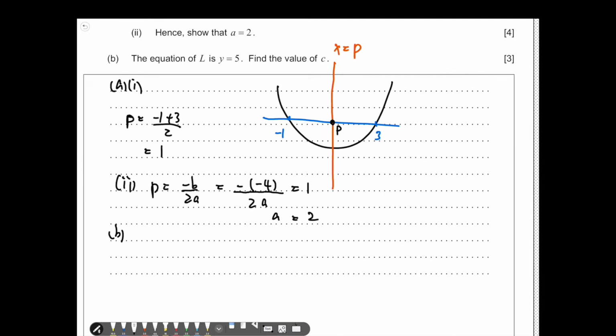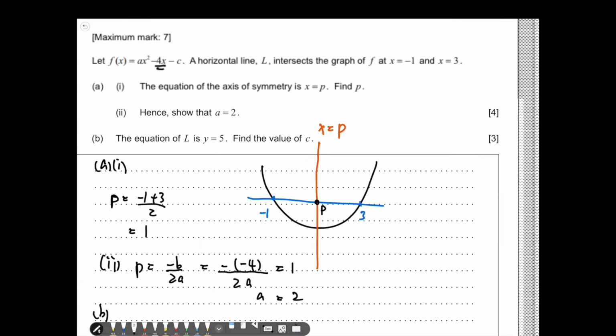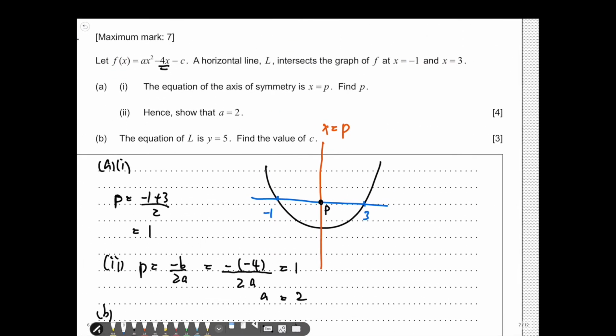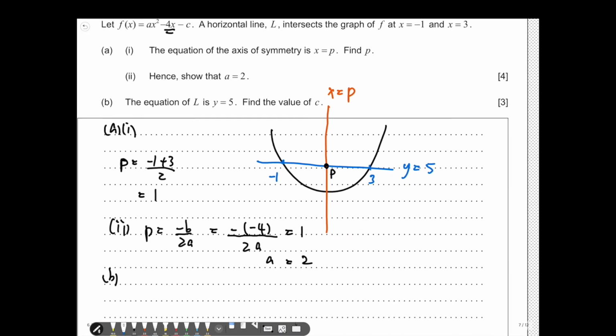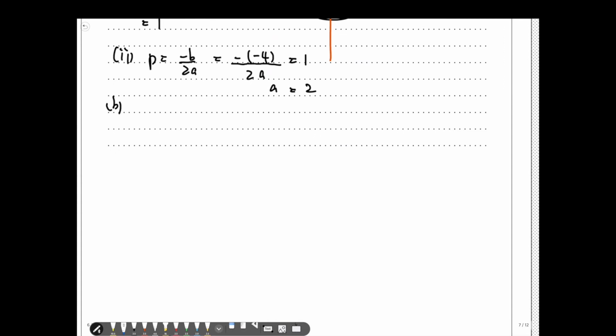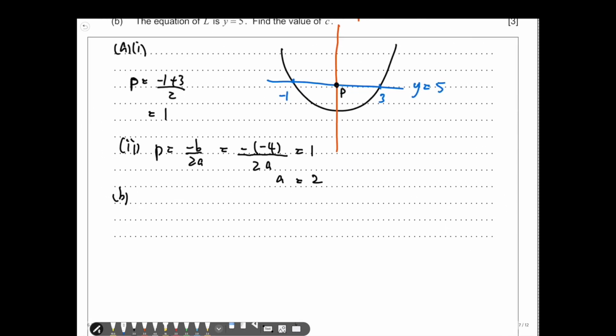The equation of L is y is equal to 5. Find the value of c. So this line is passing through this parabola, giving two solutions. It means that f of -1 is equal to f of 3, and that is equal to 5.